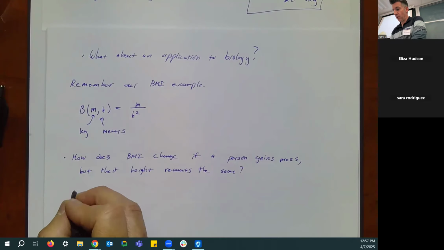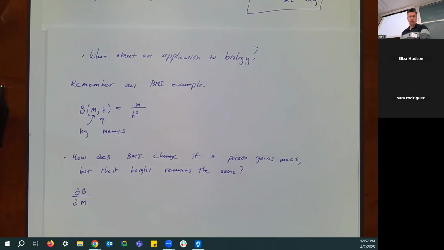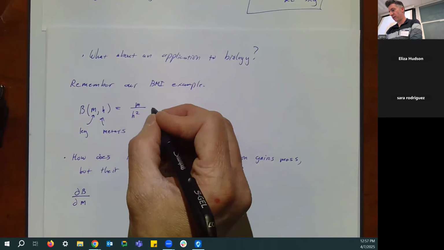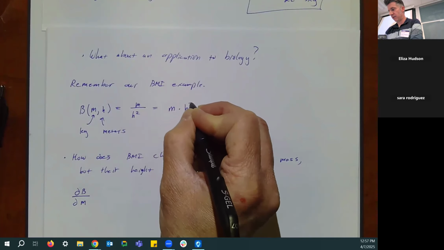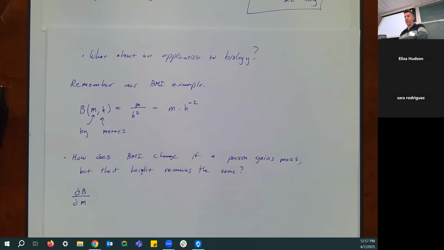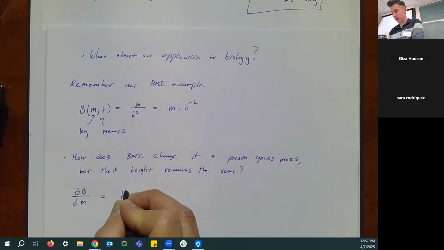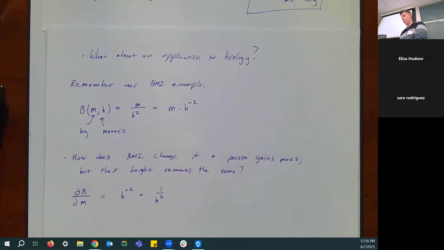In other words, what's the derivative of our BMI with respect to a change in the mass? Well, that's not too bad. We could even write this function as just the mass times h to the negative second. So if we take the partial derivative of that with respect to the mass, it's going to be just h to the negative second, which is 1 over h squared, which I'll point out is positive.